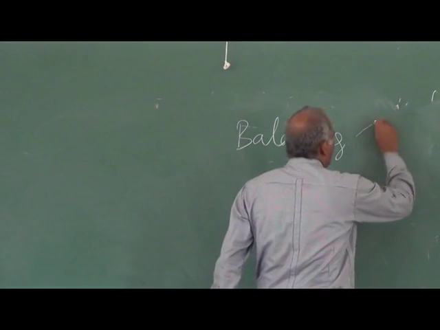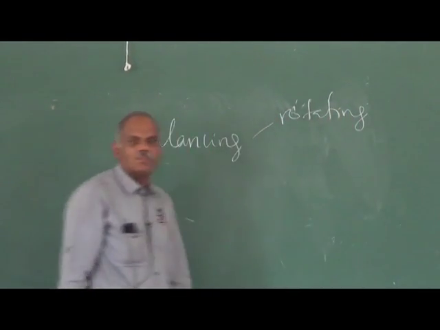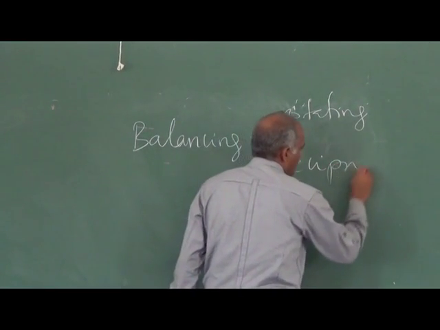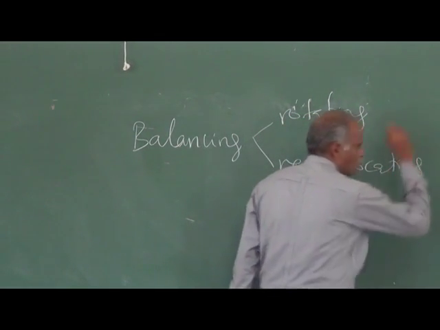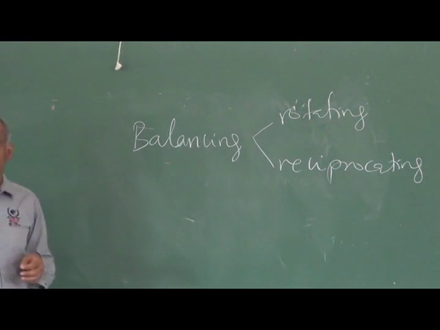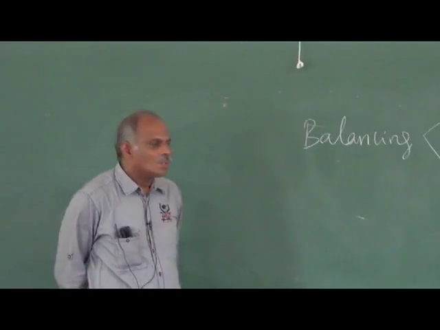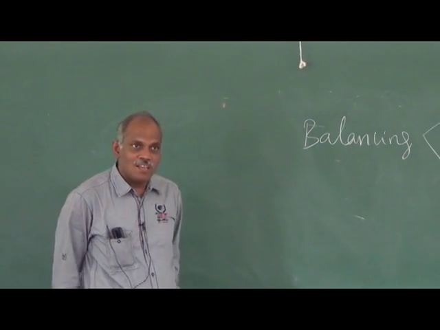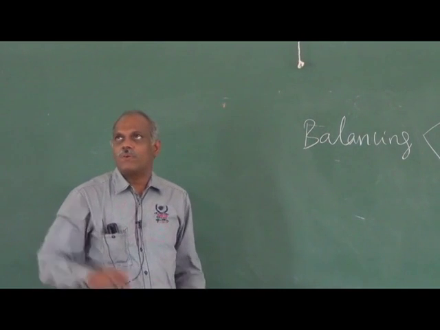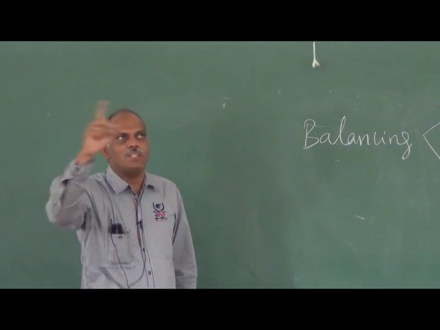So balancing of rotating parts and reciprocating parts. For a rotating component or part, what theories are involved, how to balance it, then what is balancing, all that we will discuss. Okay, so if you take your fan, some of the fans, if the balance is not proper, they will shake.